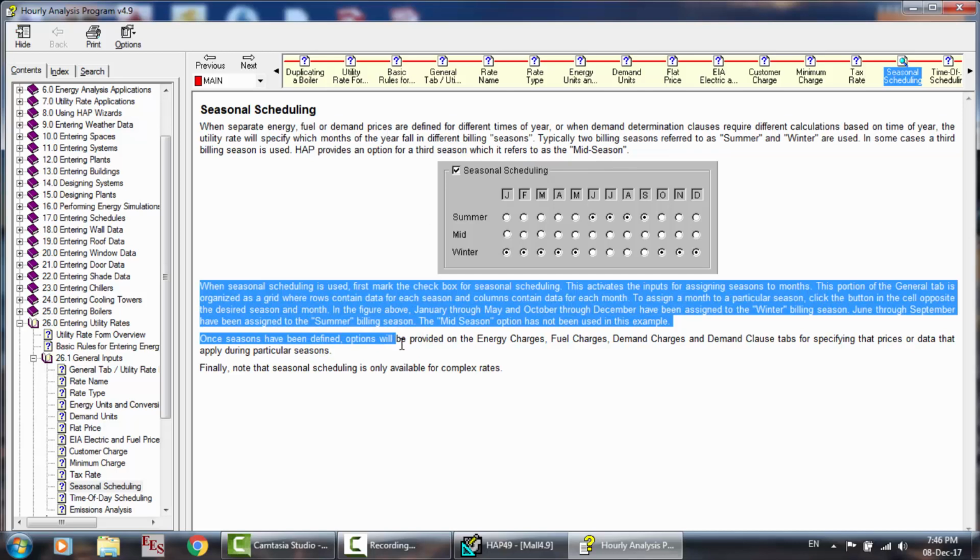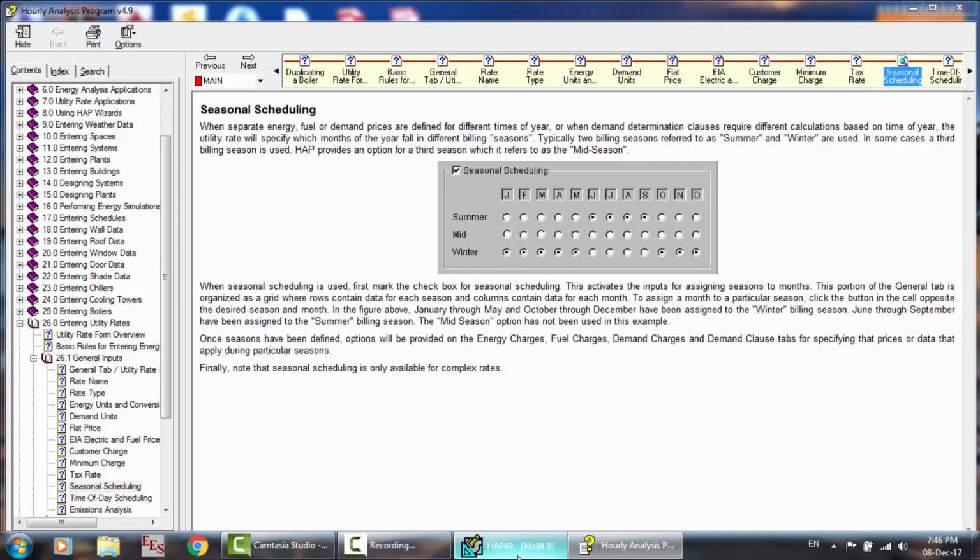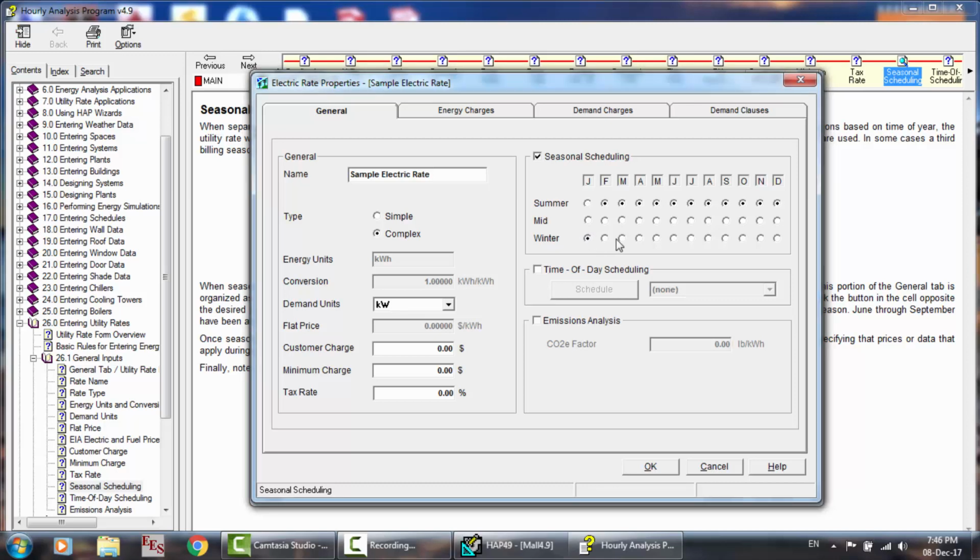So when seasonal scheduling is used, first mark it. This activates the tab; for a particular season, assign a month by clicking the button. So in the figure above, January through May is the winter: January, February, March, April, May.